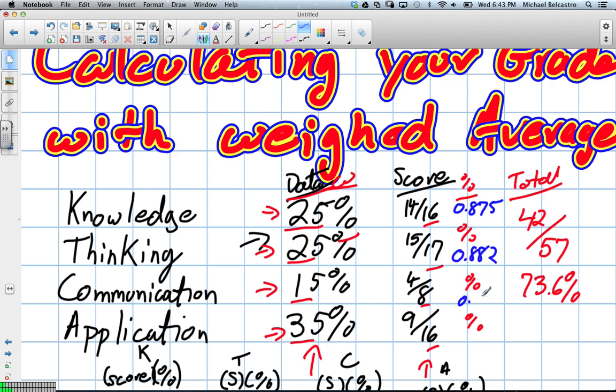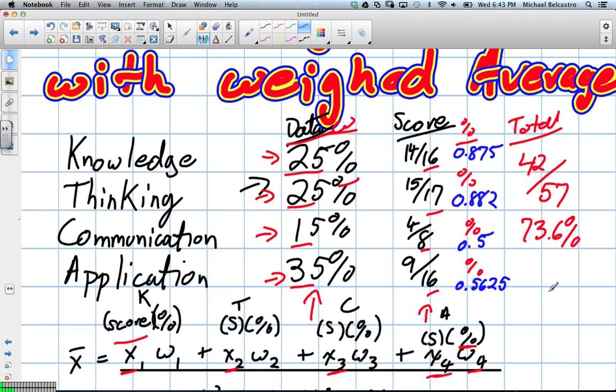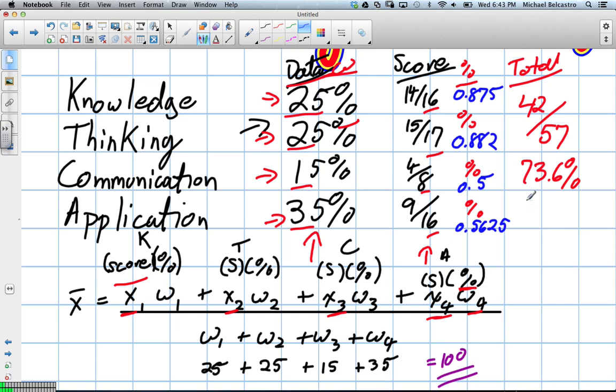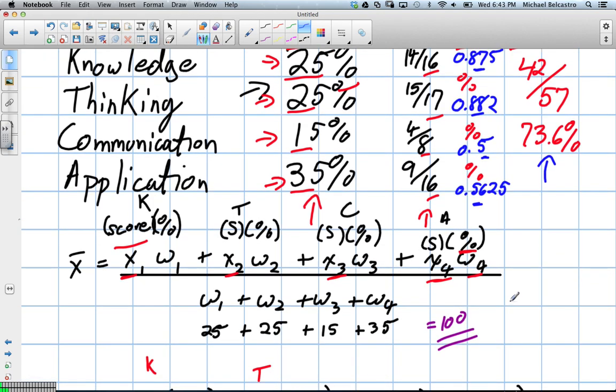This one is going to be 0.5. And the last one, 9 out of 16, 0.5625. Great. So these give us some good weightings because there's a bit of diversity there, right? This is like an 87%, an 88%, a 50%, and a 56%. Hence why we got 73, probably right in the middle of all of those. But with our weightings, we're going to see how we get a bit of a different average here.